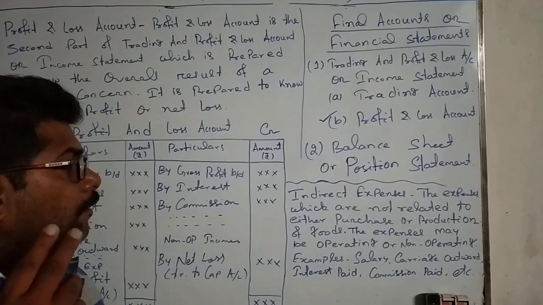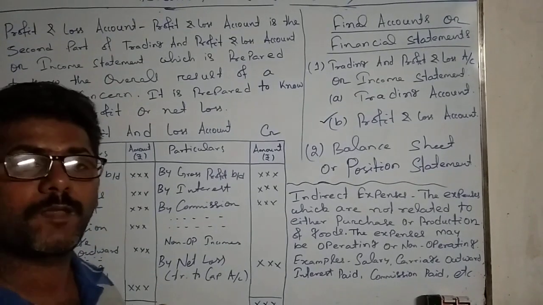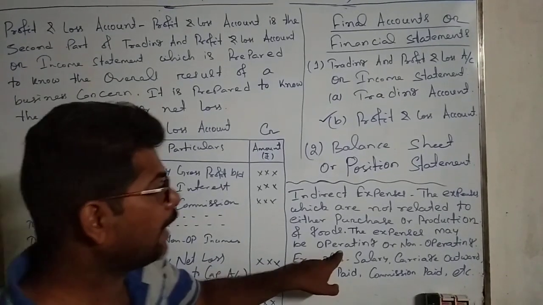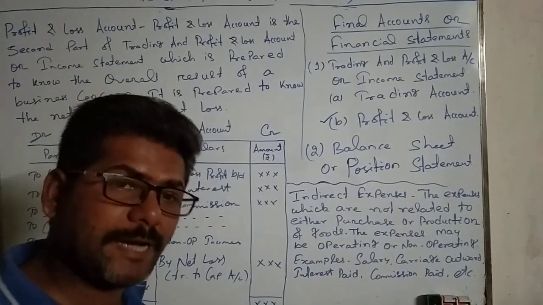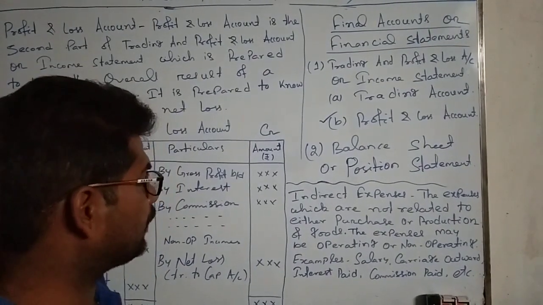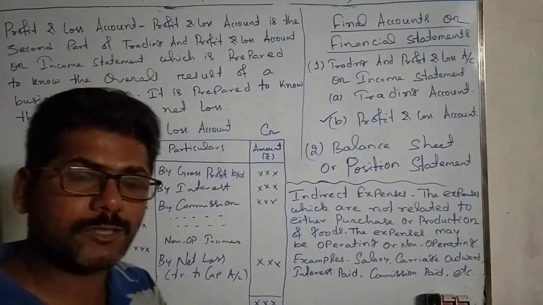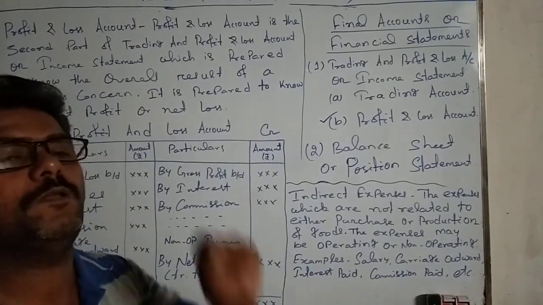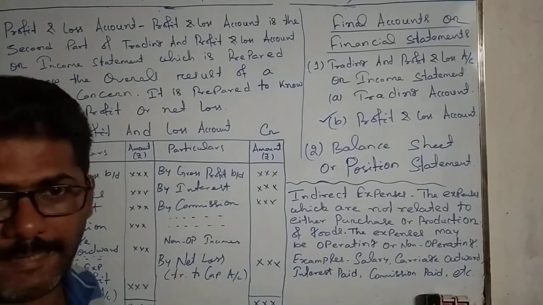So indirect expenses may be of two kinds. They may be operating and non-operating. Again, what is operating and non-operating? Out of indirect expenses, some expenses are operating: the expenses which are related to your business operation are called operating.